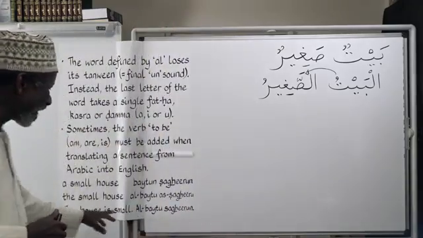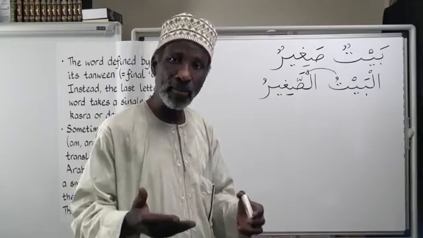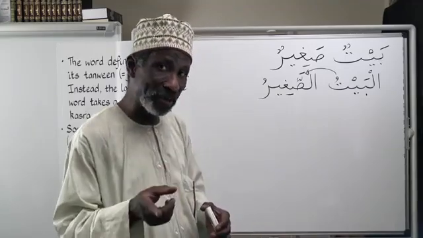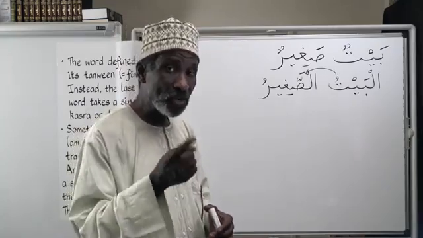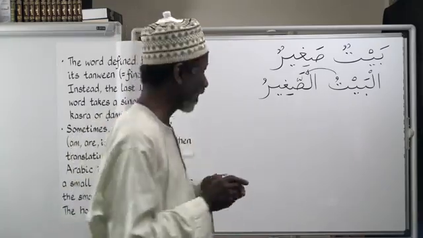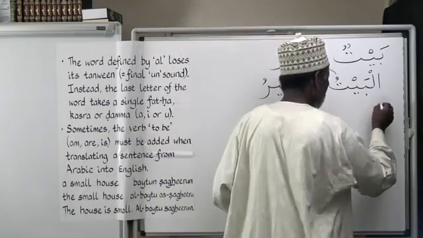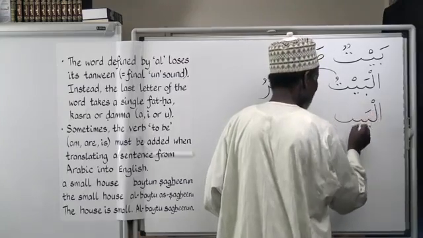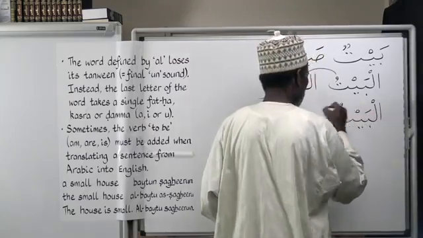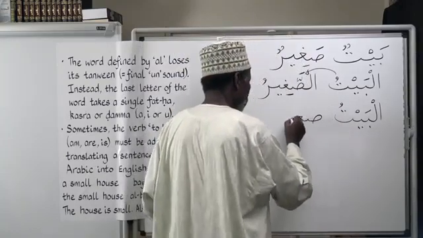Now, the house is small. We want to say the house is small. There's a verb to be there, which is not available in Arabic, but you need to insert that when you're translating. So the house is small. In Arabic will be the house, al-baytu saghirun.